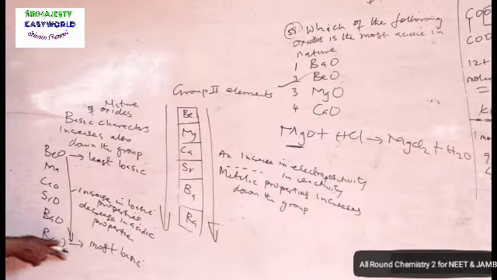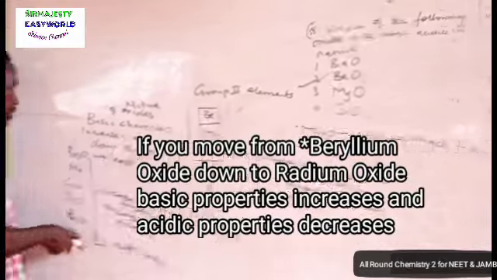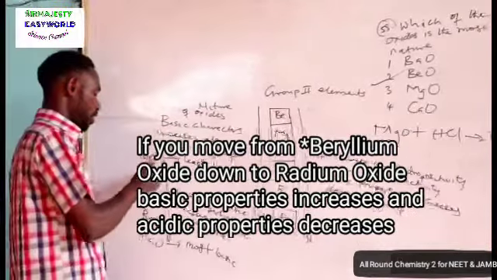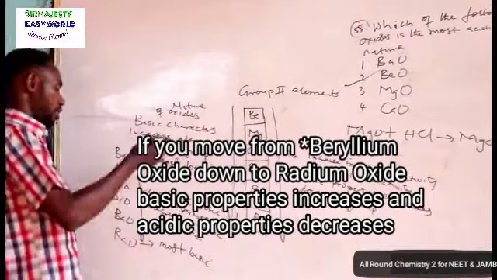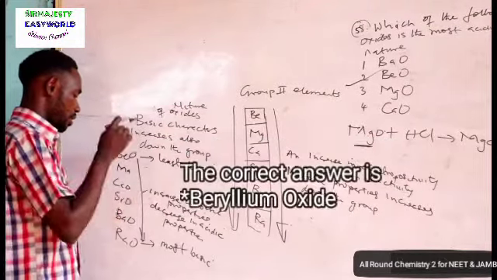Which means radium oxide is less acidic than barium oxide. So this one is the most acidic. If you move from beryllium oxide down to radium oxide, you find that acidity decreases and basicity increases. That is, basic properties increase but acidic properties decrease.